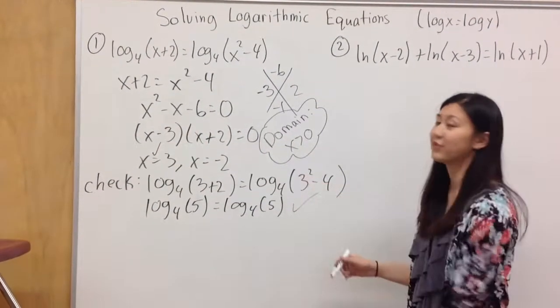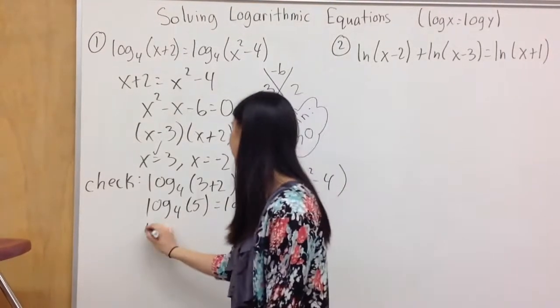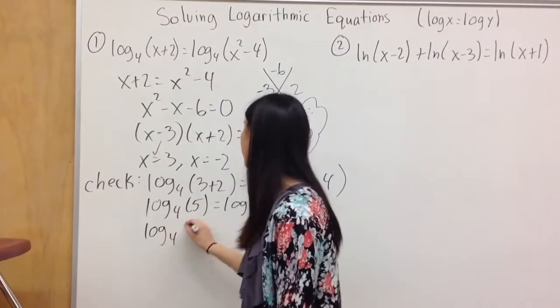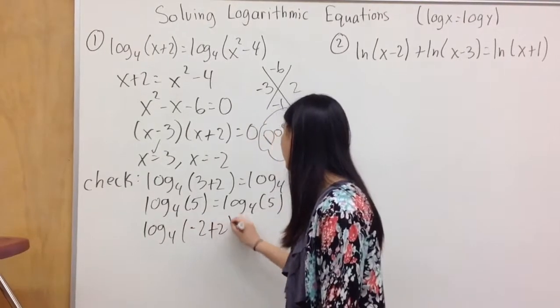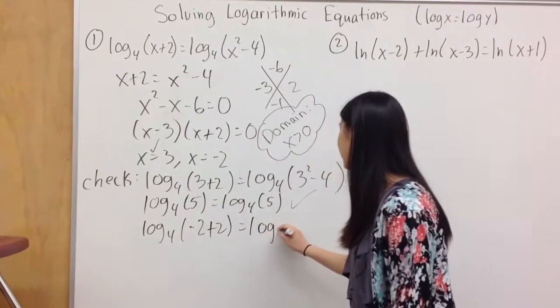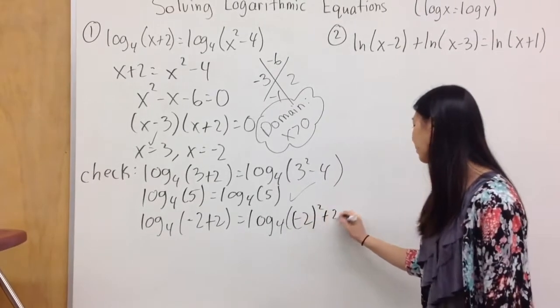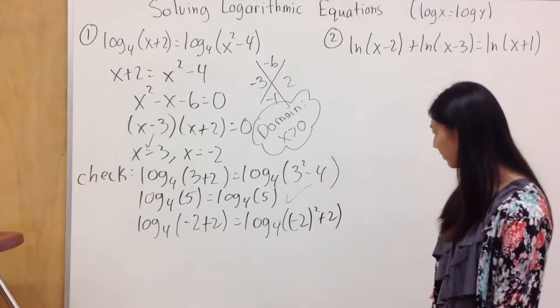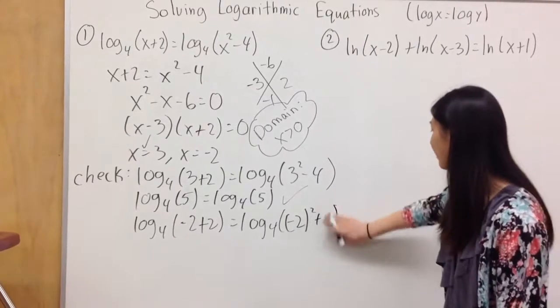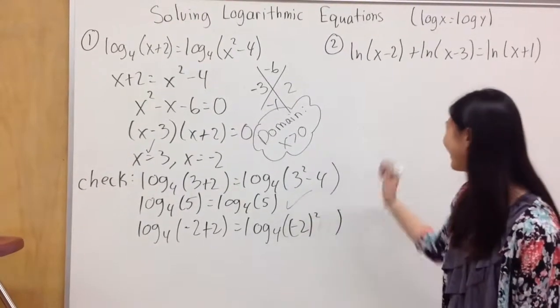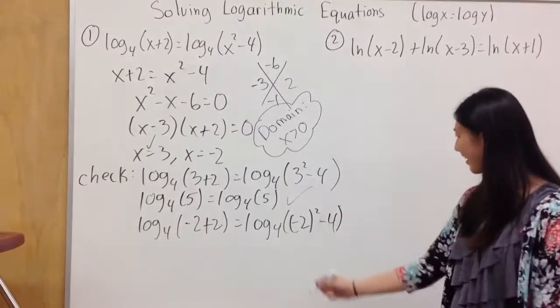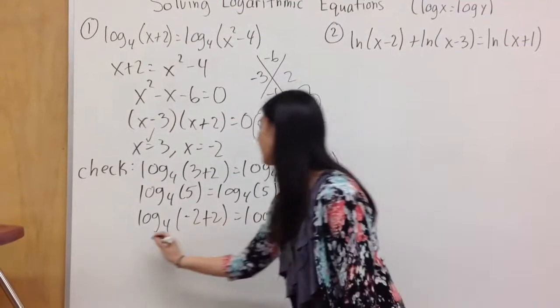We're going to check negative 2 next. So we have log base 4 of negative 2 plus 2 is equal to log base 4 of negative 2 squared minus 4. Okay, and we're going to go ahead and solve this.